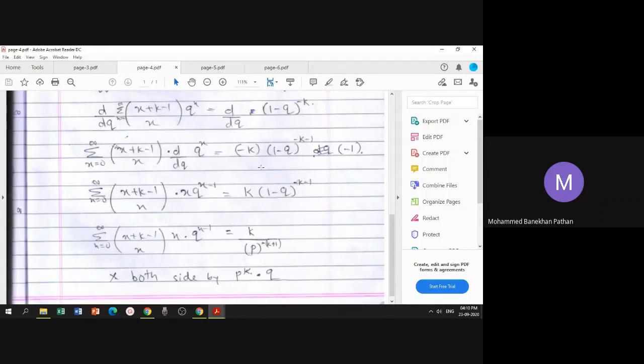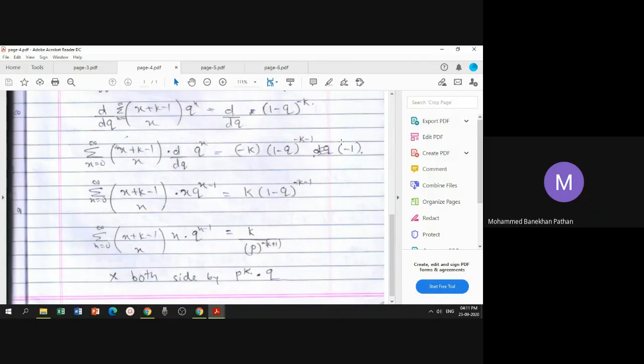This equals, let us look at the right hand side. This minus k is a power now, so it becomes multiplied, this entire thing as it is, and power 1 minus q raised to minus k minus 1, into differentiation of this function. That is nothing but differentiation of 1 is 0, minus, all as it is, differentiation of q with respect to q is 1.